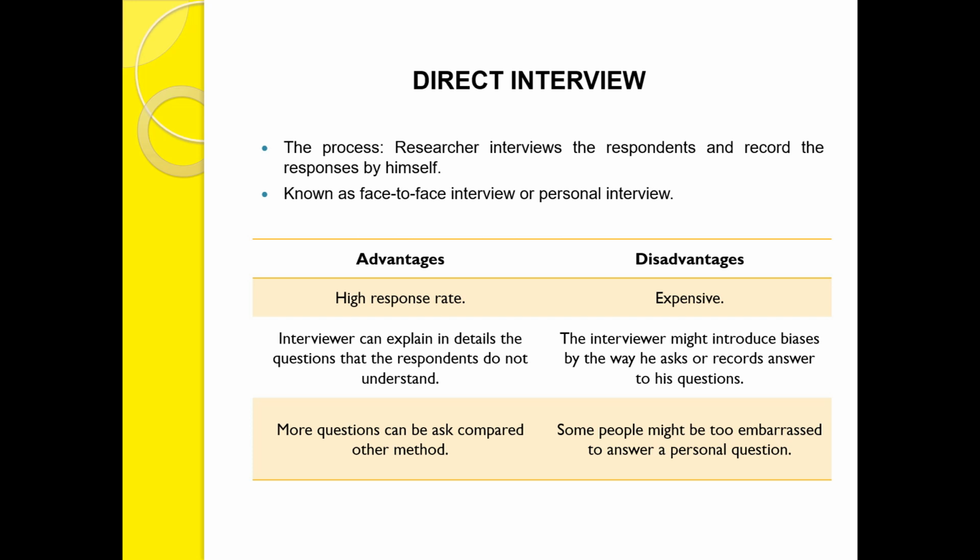And last one, the interviewer can detect whether the respondent is giving an accurate answer from their characteristics. Next, look at the disadvantage by using direct interview. First, of course, the cost is high. So this one based on interviewers' salary, traveling costs. Second, interviewer must be trained so that the data received is accurate.